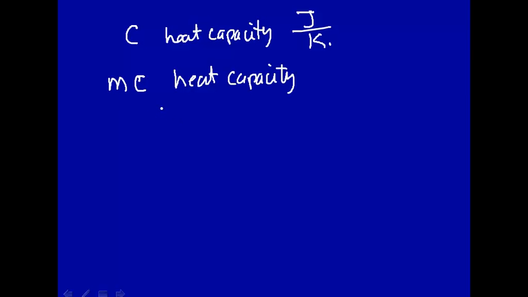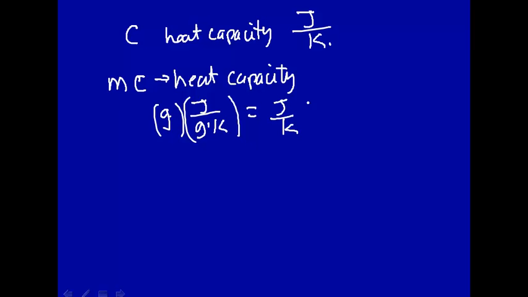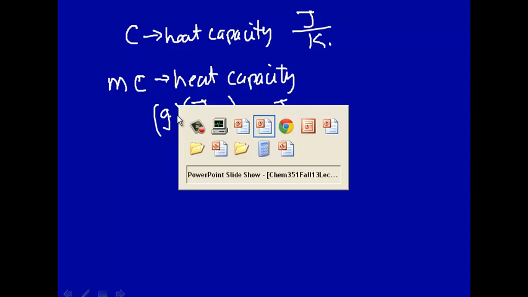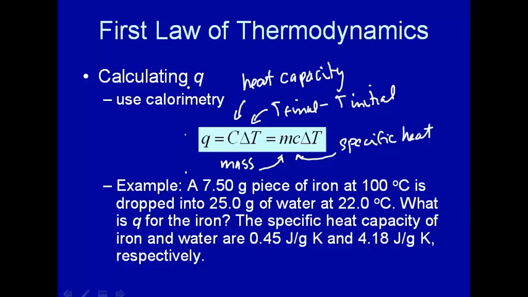Mass we can express in grams, and specific heat is joule per gram Kelvin. So if you multiply mass times specific heat, you get joule per Kelvin, which is heat capacity. Based on this unit argument, mass times specific heat is equal to heat capacity. Okay, so those are the extra points I wanted to make on this example.